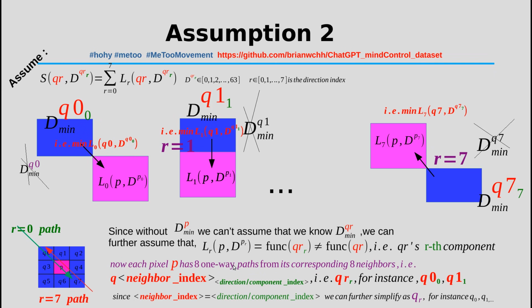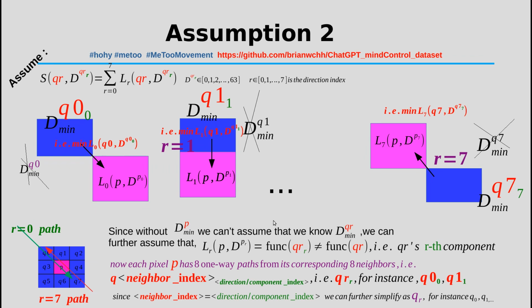It's not overall. Previously it was the overall pixel QR information, QR meaning Q0 as a whole. But can we make this a function of this corresponding component here, LR?